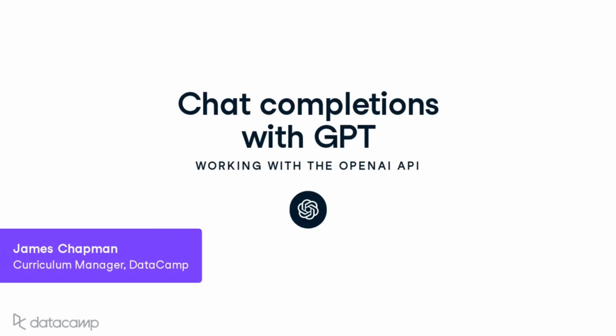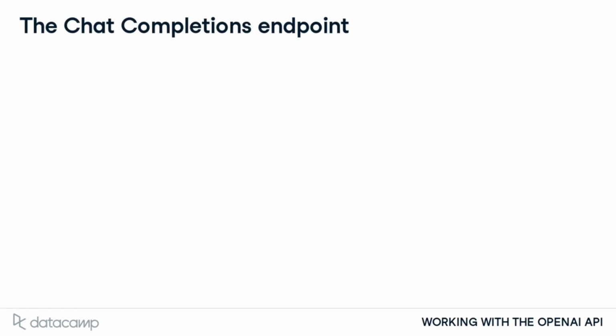Welcome back. In this video, we'll learn to unlock the chat capabilities from the OpenAI API, which underpin popular applications like ChatGPT. Let's get started. So far, we've used the chat completions endpoint to perform a number of tasks, including text generation and transformation, and classification tasks like sentiment analysis.